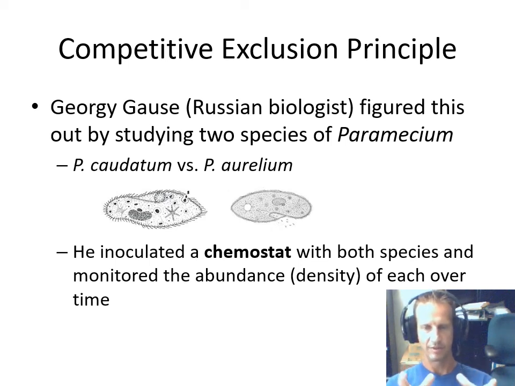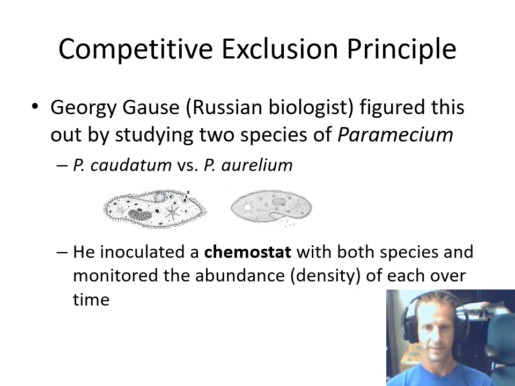He was able to grow these paramecium in a chemostat, which is like a special little jar that has a steady input of food resources, and then the excess water overflows. So it's in a constant equilibrium, as there's an equal amount of water going in as going out, and a steady stream of resources going in, and some of the waste goes out in the end.